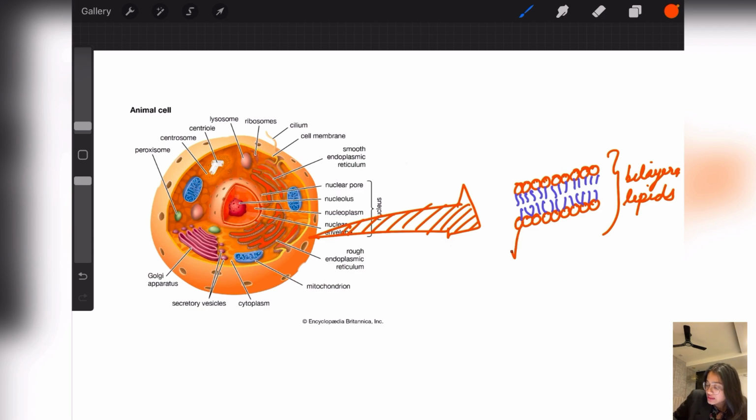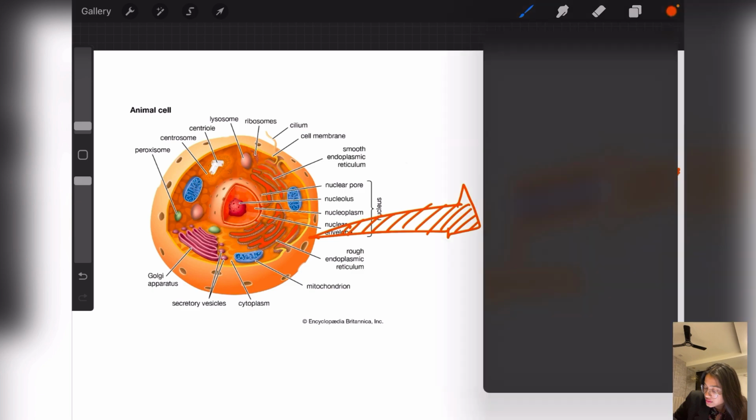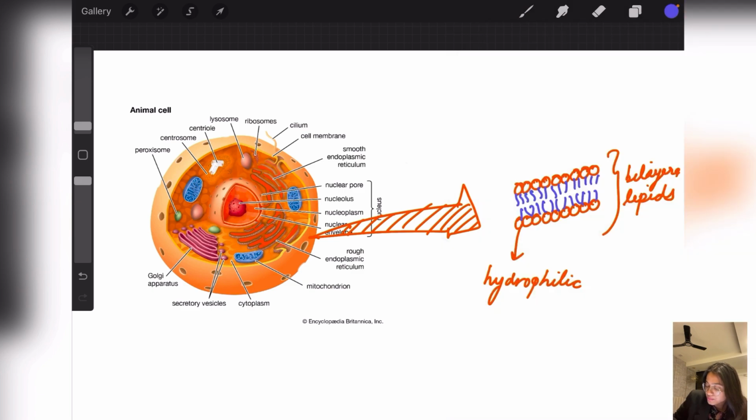So this is hydrophilic, and this is hydrophobic.